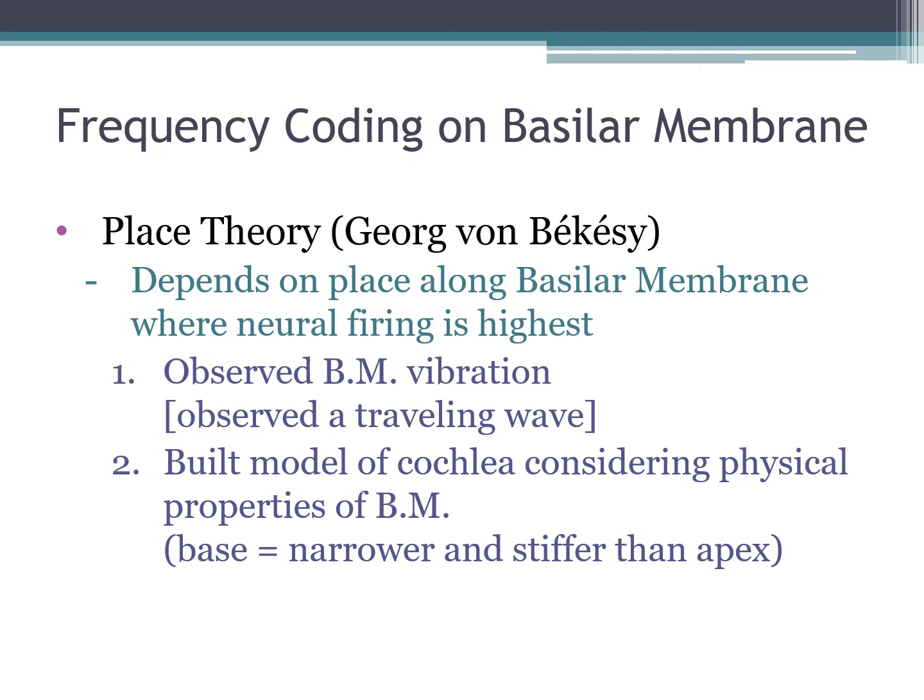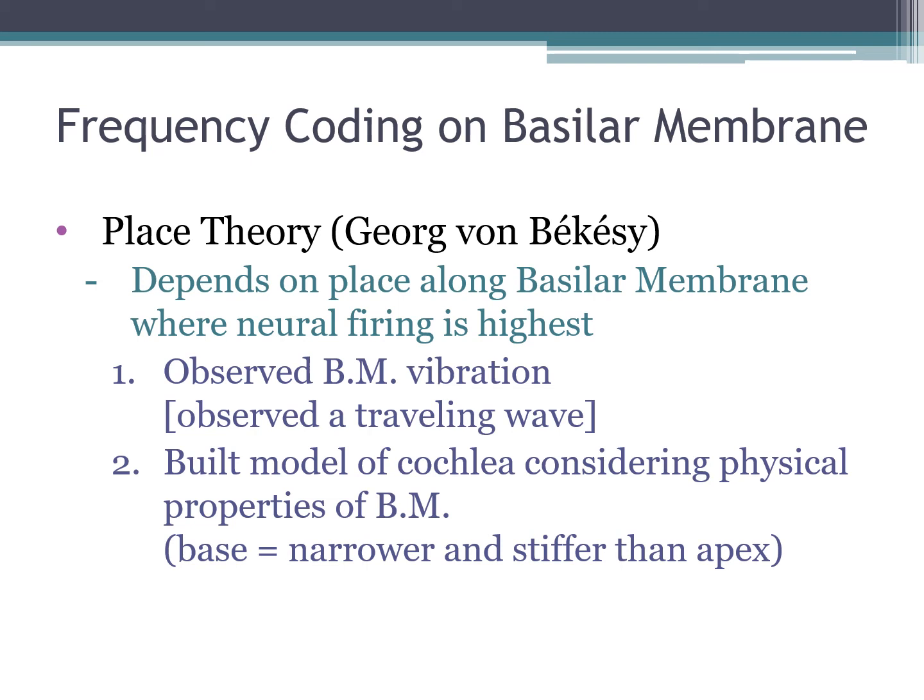But so place theory comes from Georg von Békésy, who stated that it depends on the place along the basilar membrane where neural firing is the highest. So remember, we have this kind of wave going through in the liquid, which is like an ocean wave or the snap of a rope, where it's going to be highest.